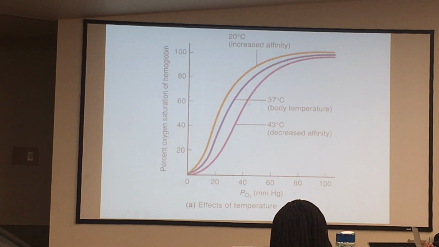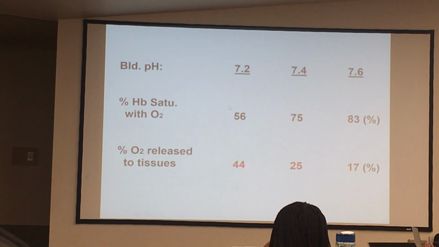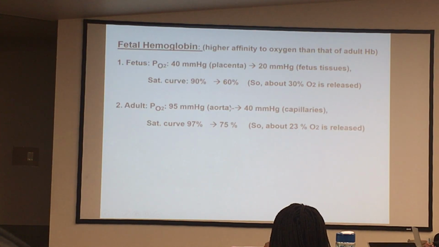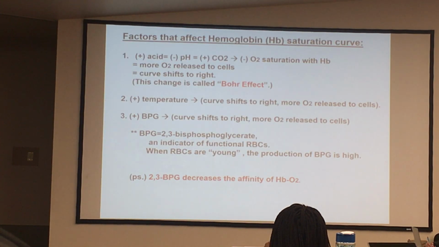If we draw a line here, 37 is 75%, and at 43 we are holding about 60%. So that means two things. Going back to the original, the factors that affect hemoglobin: one is acid, or CO2, or pH value decrease. They all mean the same thing. The curve shifts to the right.